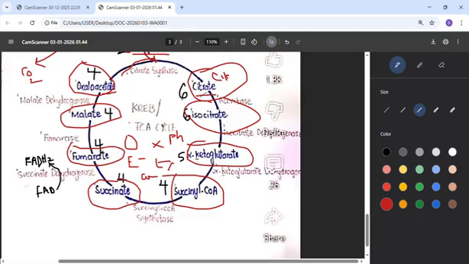And take note of the numbers I put beside them. Starting from citrate, they are 6; ketoglutarate, 5; succinate 4, fumarate 4, malate 4, oxaloacetate 4, meaning that they actually reduce. And take note, each of them releases ATP in its own way, such that at the end they would have released 36 ATP.